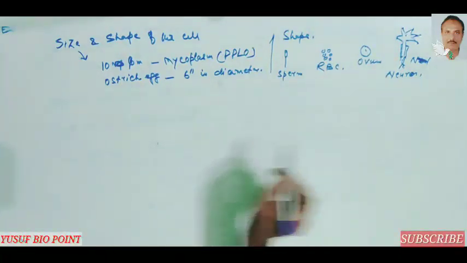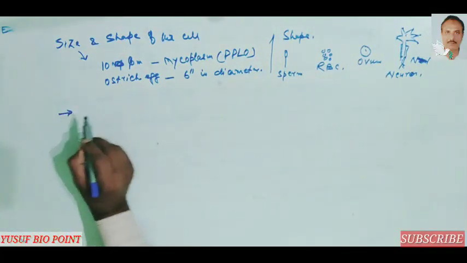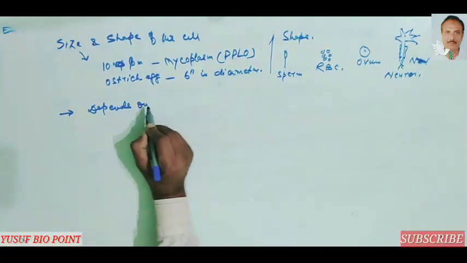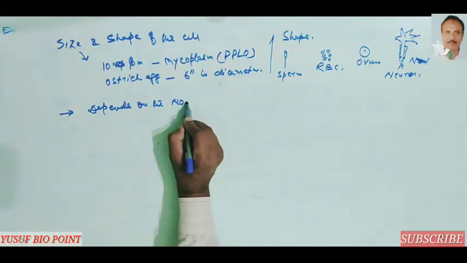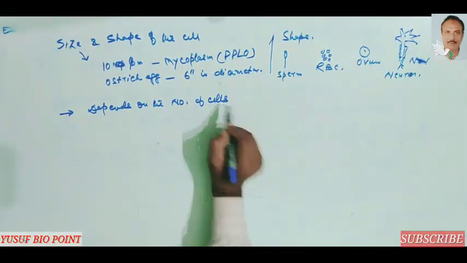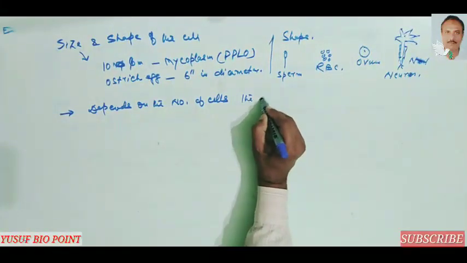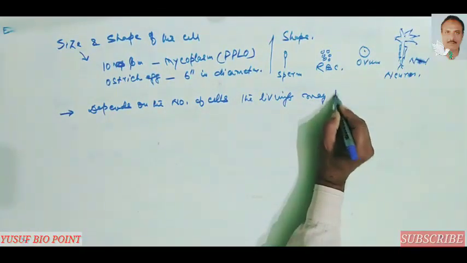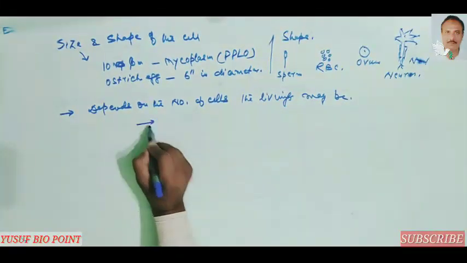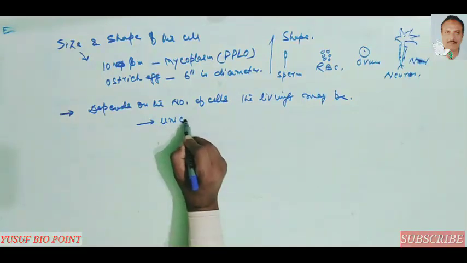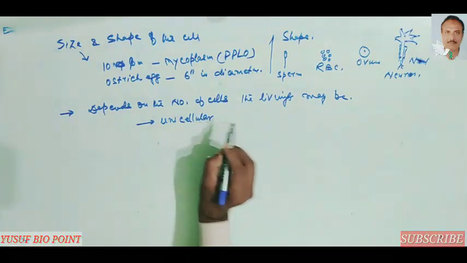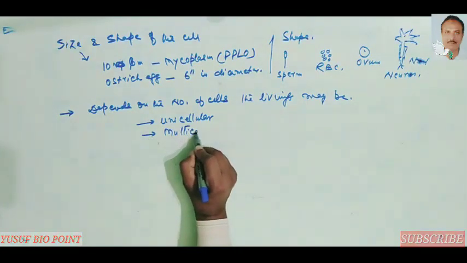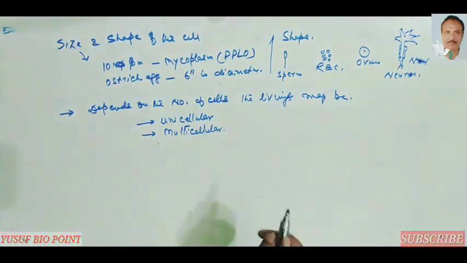Now the next one depends on the number of cells. Living things may be unicellular or multicellular.